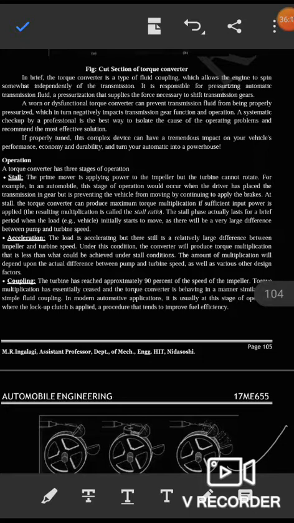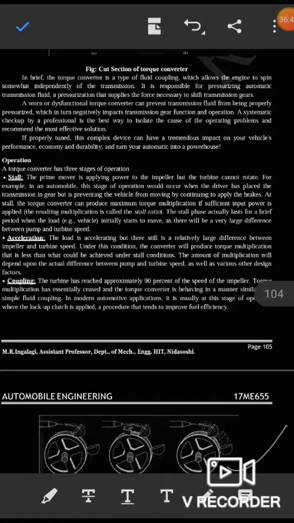At stall, the torque converter can produce maximum torque multiplication if sufficient input power is applied. The stall phase actually lasts for a brief period, when the load initially starts to move, as there will be a very large difference between pump and turbine speed.